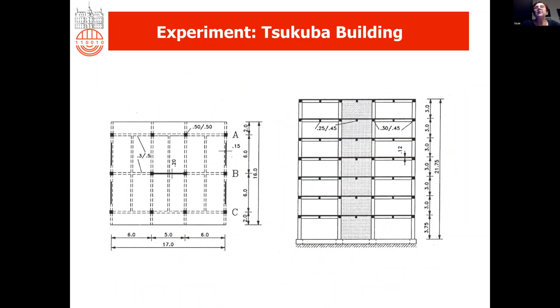The first application of this element was during the analysis of the very well-known experiment on the Tsukuba building, which consisted of frames and a wall in the middle of the building, and this specimen was excited in the direction of the wall.